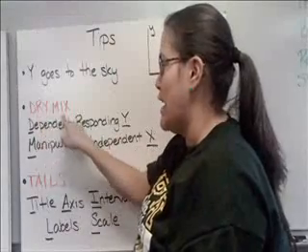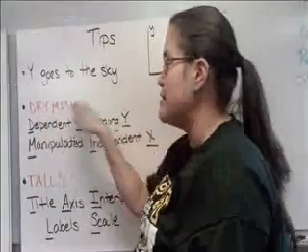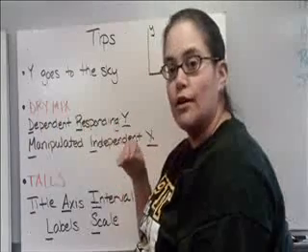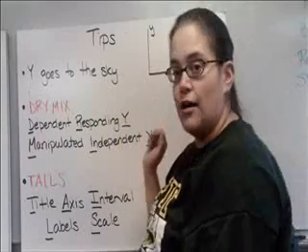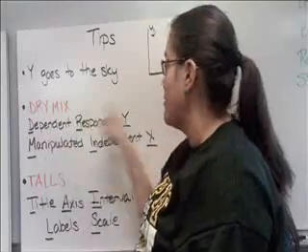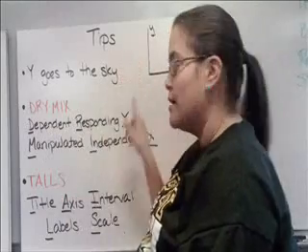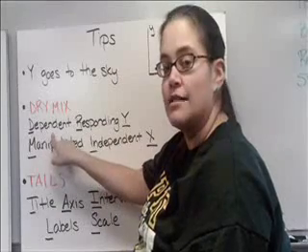Next is dry mix, D-R-Y-M-I-X. This mnemonic helps you learn and remember what information goes in what spot on the graph. You may not believe this, but your information has to go in a certain spot. So dry stands for dependent, our dependent variable.